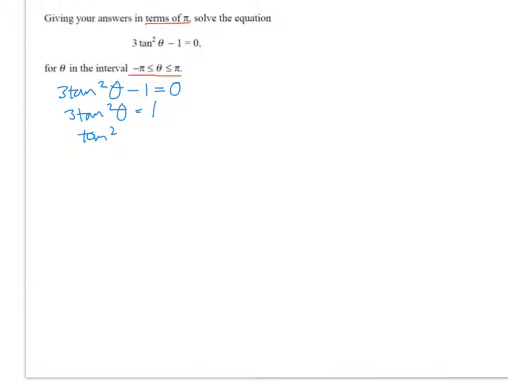Tan squared theta equals a third. And so tan theta equals plus or minus the square root of 1 over 3, otherwise known as plus or minus 1 over root 3.